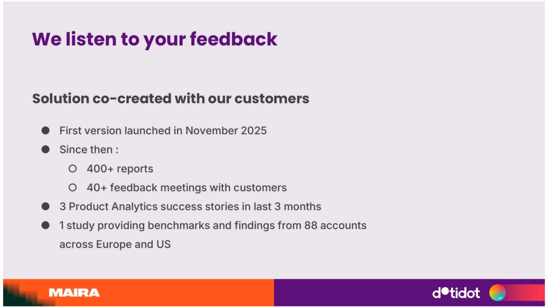We're trying to build this solution together with our customers, because we are not the smartest person in the room. We don't want to play that person, and that's why we are asking for a lot of feedback. We already had more than 40 feedback sessions with our customers, and we're trying to improve the solution every single month.